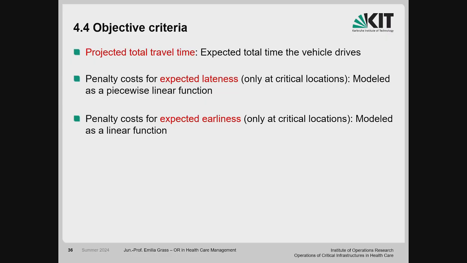We had that before on one slide. Why not simply have a linear function, so the more we are waiting, the more we are too early, the more penalty costs arise?